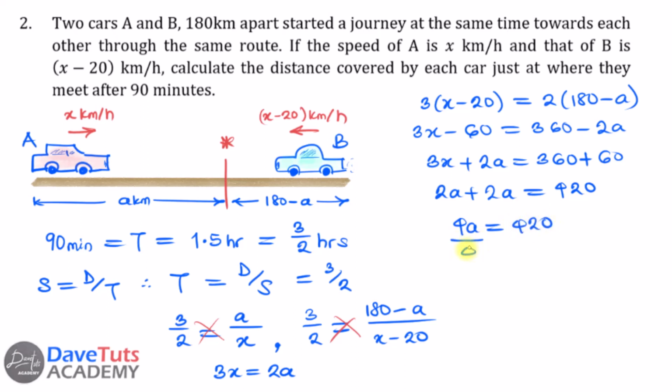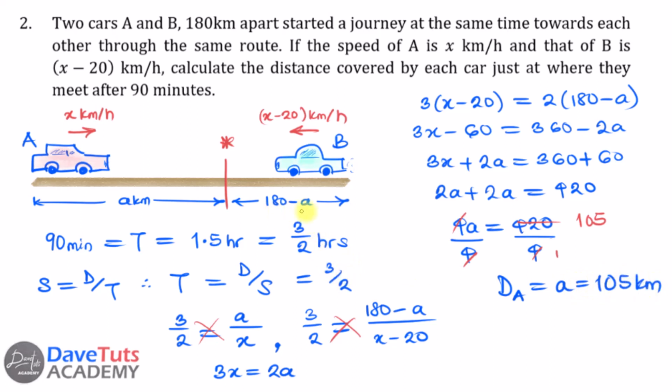Then a itself will be this over 4, because I can see that this 4 can cut this 4. 4 here, this is 1. 4 in 400 is 100. 4 in 20 will be 5, so 105. So the distance for car A, which is equal to A, is nothing but 105 kilometers.